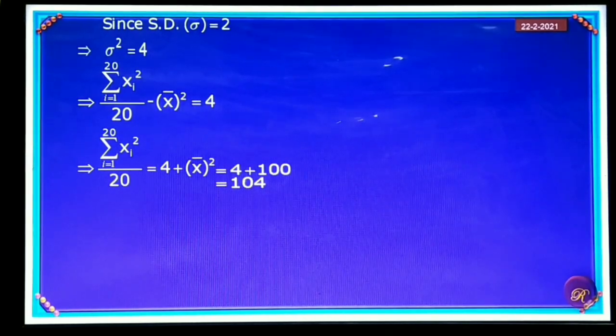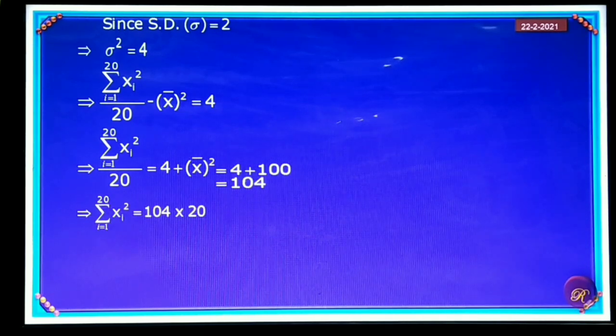By cross multiplication, summation of xi square, i is equal to 1 to 20, is equal to 104 into 20, is equal to 2080. What we have got? We have got a sum of squares of 20 observations.